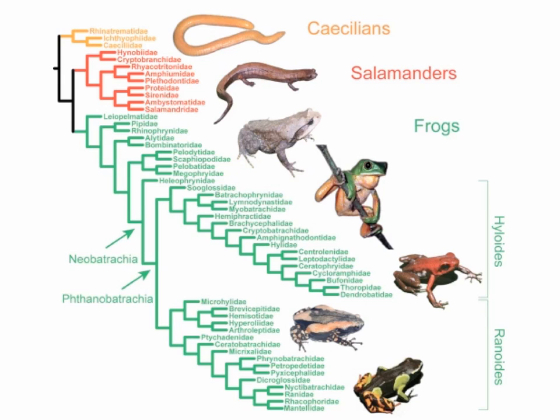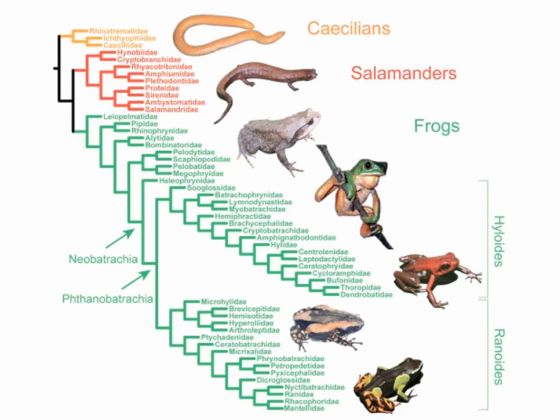A phylogeny can be considered a type of hypothesis about the evolution of life on Earth. So scientists use all kinds of data to create phylogenies. Anatomical data, as well as fossils, genetics, developmental science. They use all of these to produce what they think is the most accurate phylogeny for large groups of organisms.